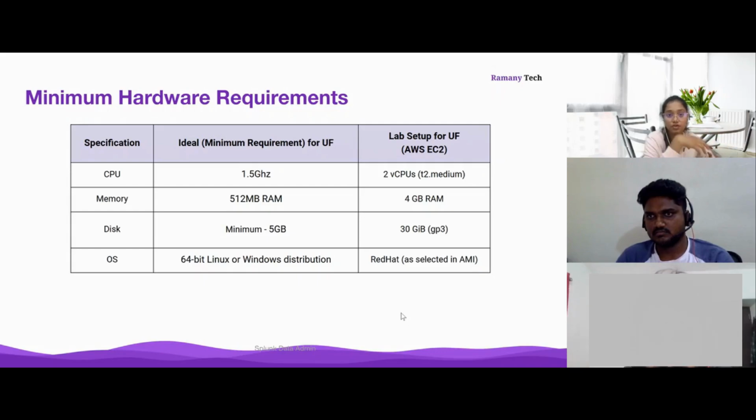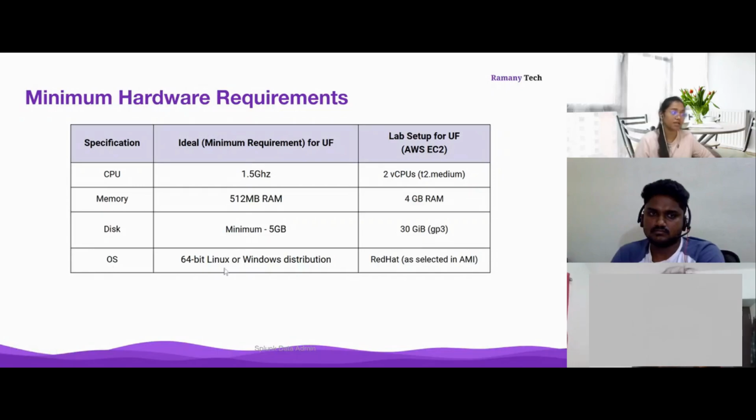So it's a lightweight tool to forward your data, and these are the minimum requirements specified. We don't need what we specified for the indexer and search head in the case of the UF. For the CPU, you can use 1.5 gigahertz, for memory 512 MB RAM is fine, and the disk should have a minimum of 5 GB.